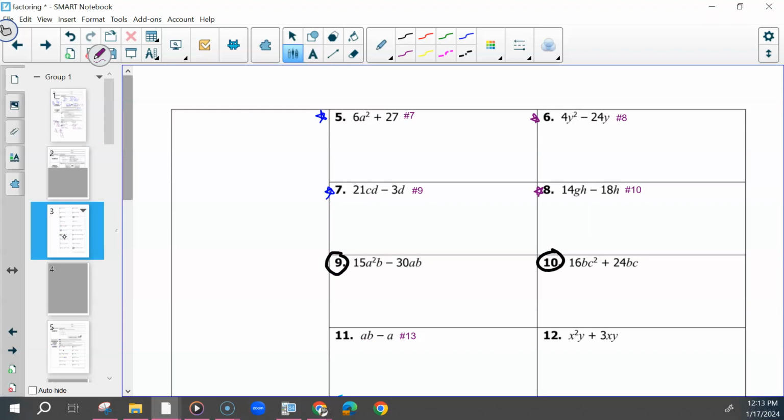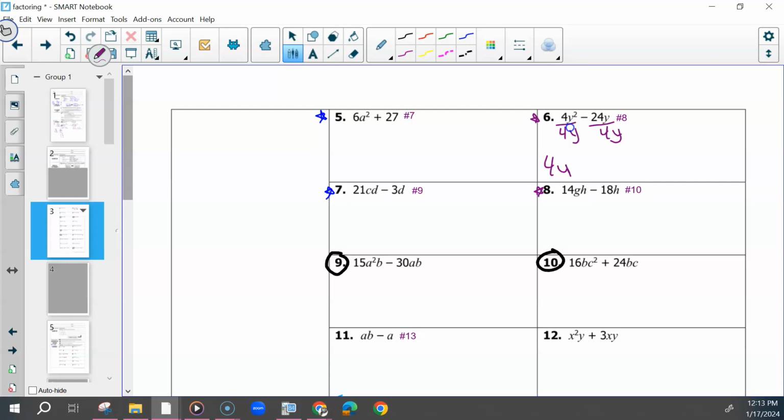For number 6, can we think of a number that we can divide both of those by? 4 would work. Do they have the same variable? Yes. So how many y's do they have in common? Just 1. They don't have 2 in common because 1 doesn't have a square. So I can divide both of these by 4y.